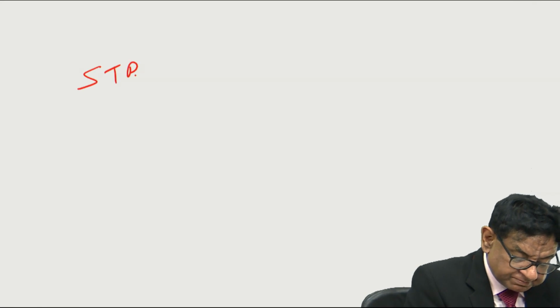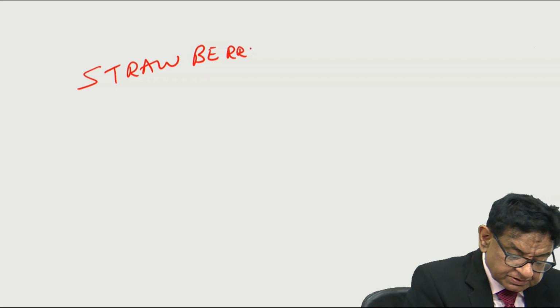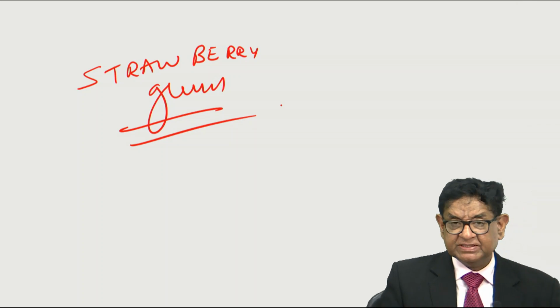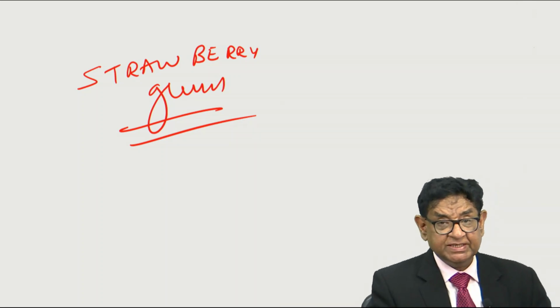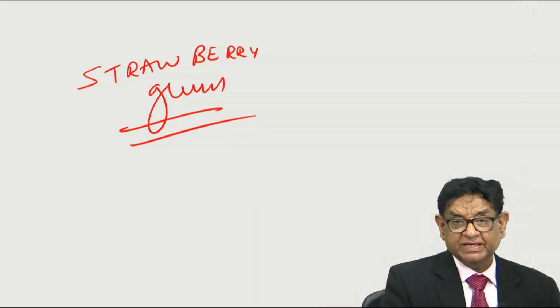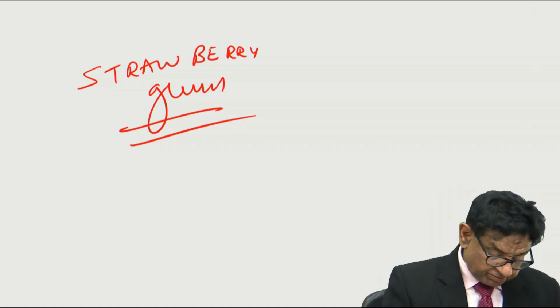Rank number 1 question, stop the video, write down the answer. The answer is, in this patient you get strawberry gums. Strawberry gums are the classical finding that we see in Wegener's. The moment the patient sits and opens the mouth, you can diagnose he's a case of Wegener's granulomatosis.